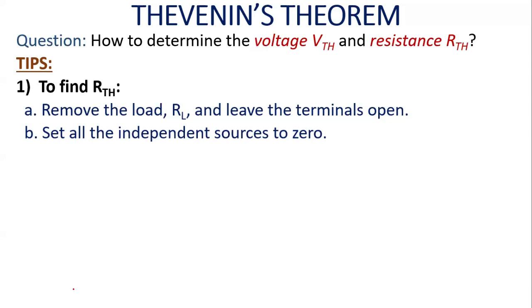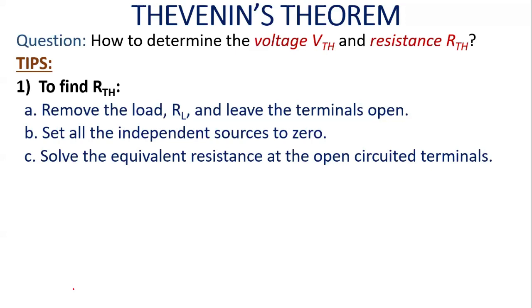Recall that the independent voltage source is replaced by a short circuit when we set it to 0, and the current source is replaced by an open circuit. Third, solve the equivalent resistance at the open circuited terminals. That equivalent resistance we call the RTH.